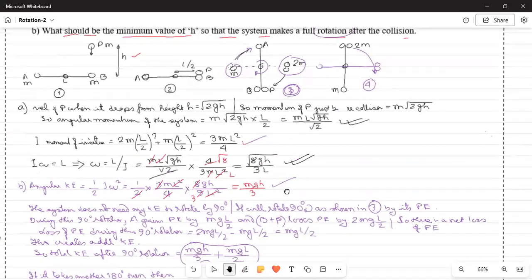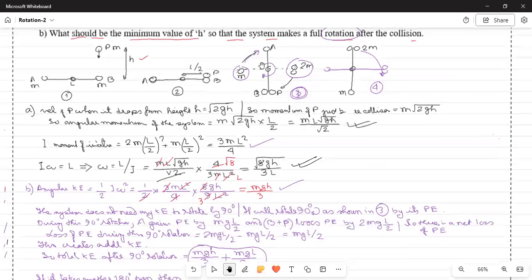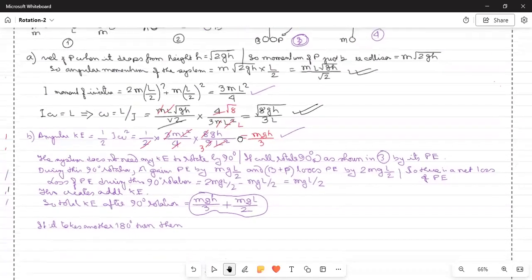Let's see the picture here. From situation 3 to 4, the B and P together, 2m, will gain potential energy due to a height L. And the mass A will lose potential energy due to a drop by a height L.